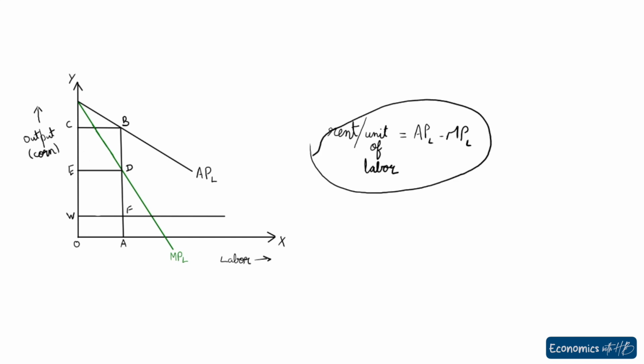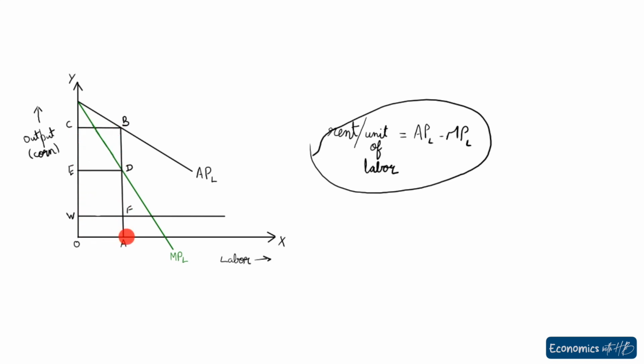When we employ OA units of labor, x-axis here represents number of units of labor and y-axis represents total output in corn. So when we employ OA units of labor, our total production is AB, which is equal to OC. So the total output is represented by this rectangular area OABC.